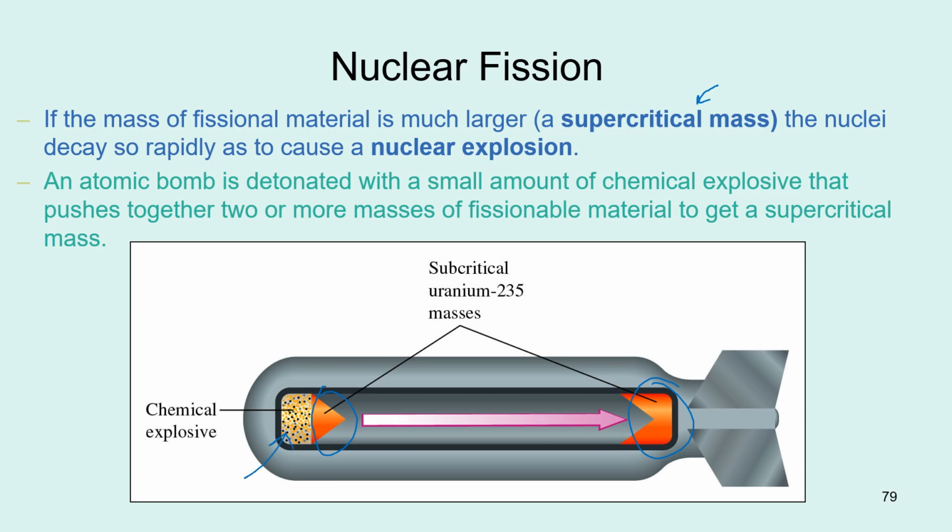It could be just something simple, like gasoline or something. I think it's a solid, but you get the idea. It's something that can be exploded easily, just a chemical explosion. Once that happens, it pushes together these two pieces of subcritical uranium. Once they get together, now you're above the critical amount. You actually have a supercritical amount, and so the bomb explodes.